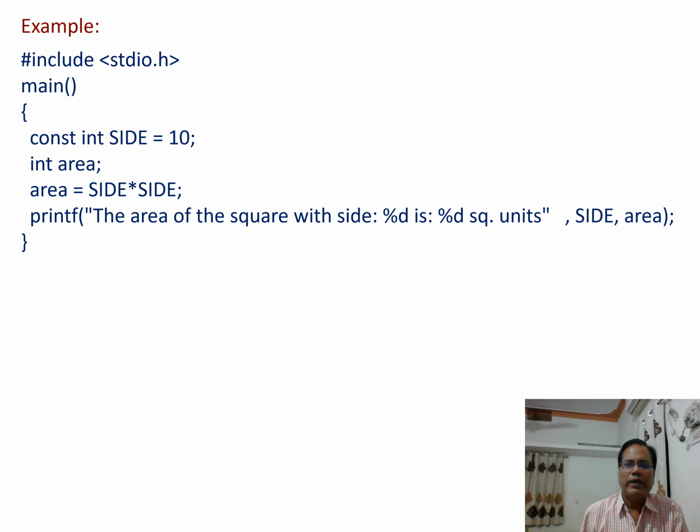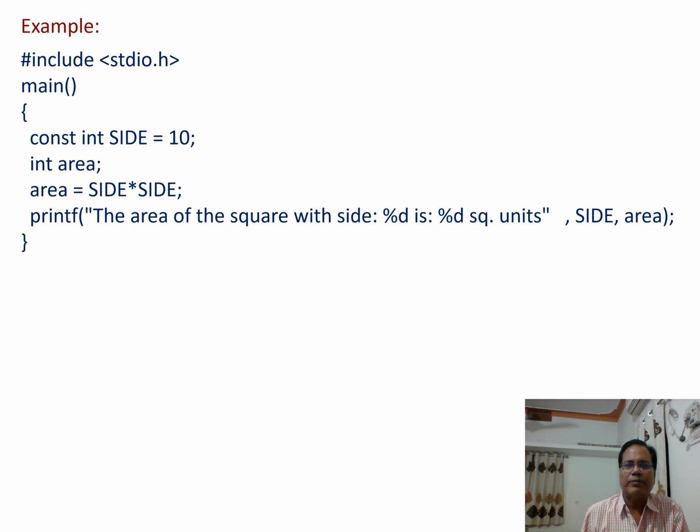While declaring and defining the constant, its value is assigned as 10. The next statement declares a variable area, which is of the integer type. The area equals side into side. So the value of symbolic constant 10 is assigned at this place: side 10 into 10.